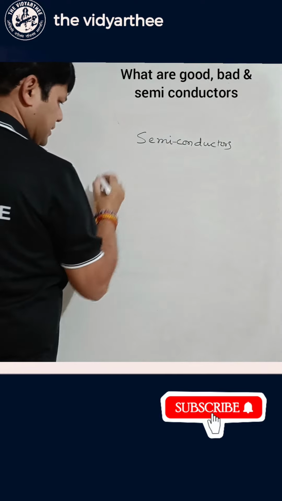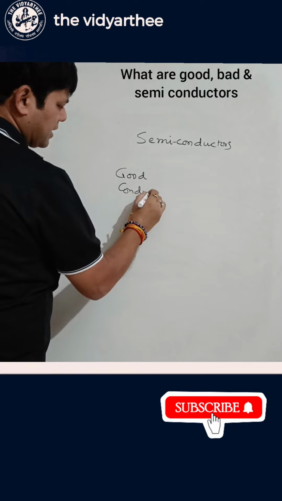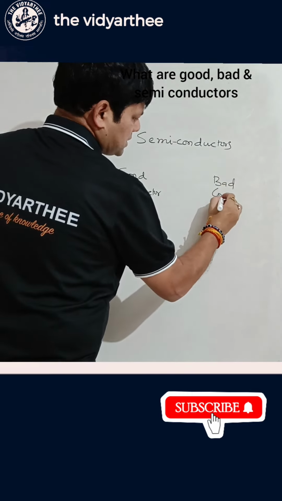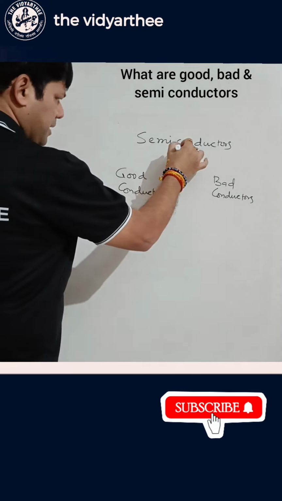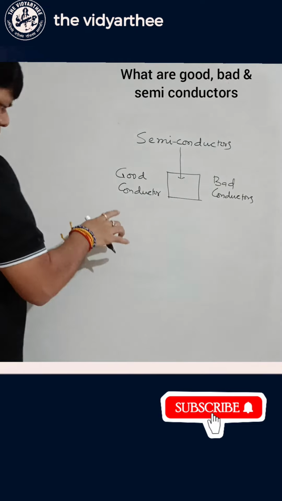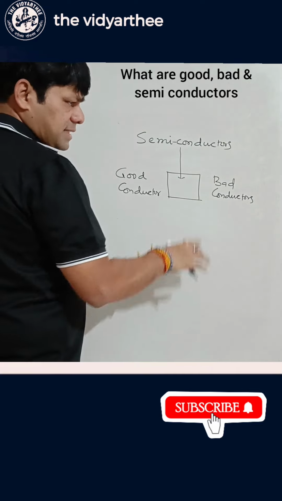So what is semiconductor? It is a material which lies between a bad conductor and a good conductor. That means semiconductor is a device which behaves somewhere in between good and bad. So basically it is not a conductor by itself.